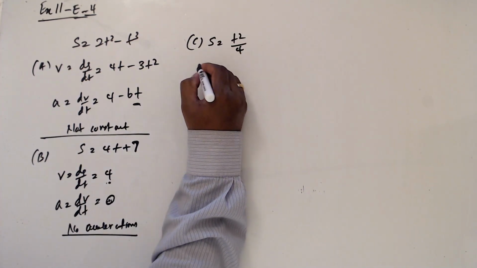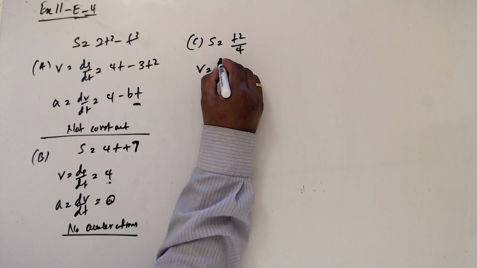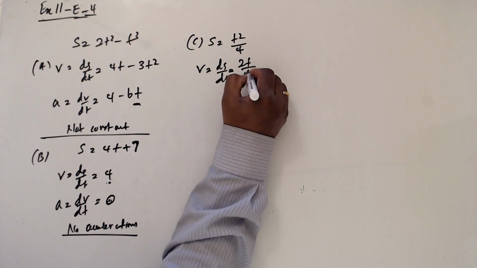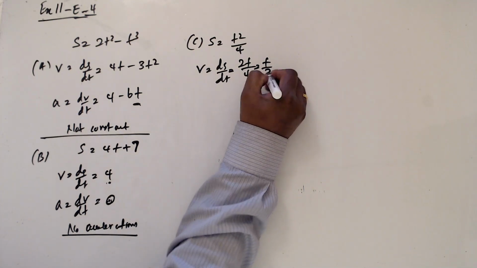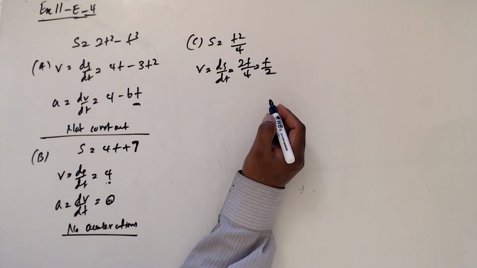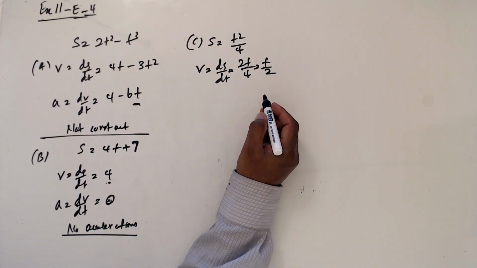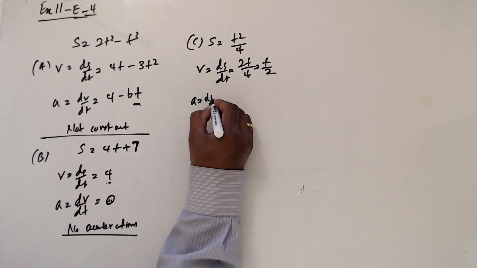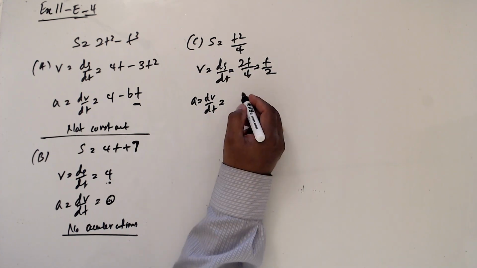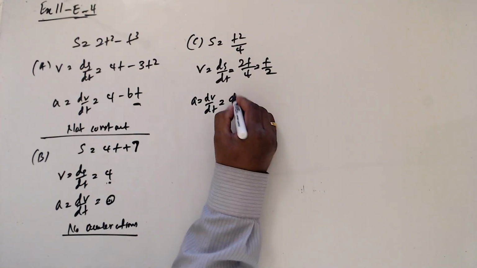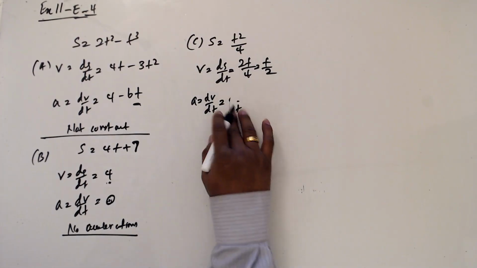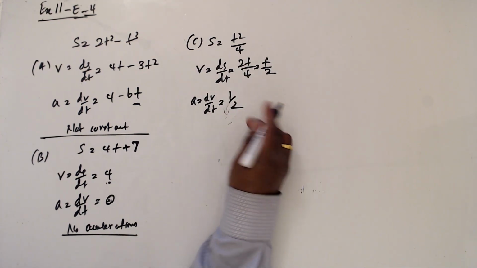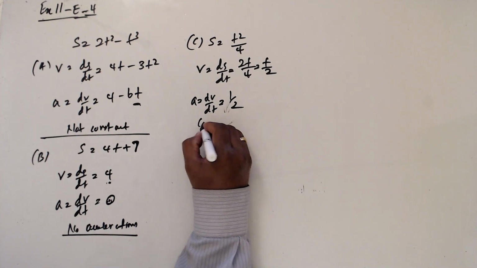Then we find v, which means ds over dt, that is going to be 2t divided by 4, t divided by 2. Then a equals dv over dt. So when we differentiate, this is going to be half. So this is a constant acceleration.